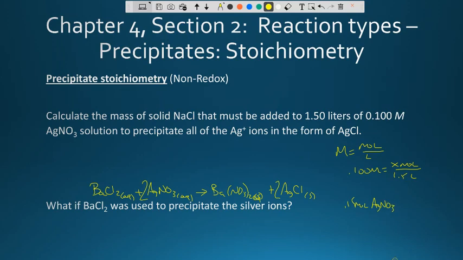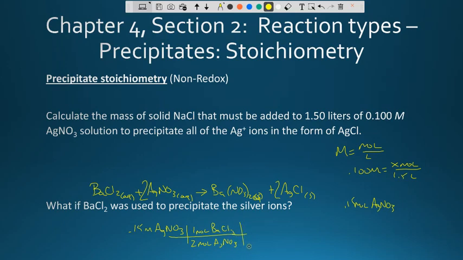So let's take that 0.15 moles of silver nitrate and convert that now to barium chloride. How much did we need? Remember, that's what the question was asking. With my balanced equation, for every 2 moles of silver nitrate, I need 1 mole of barium chloride.